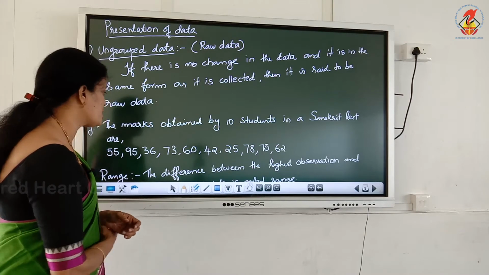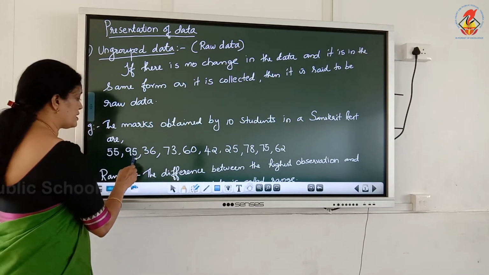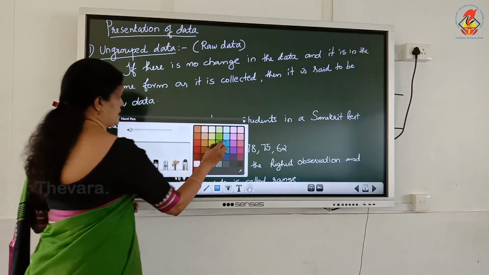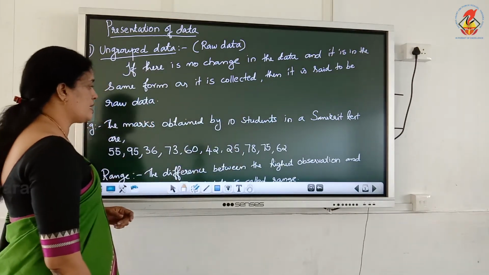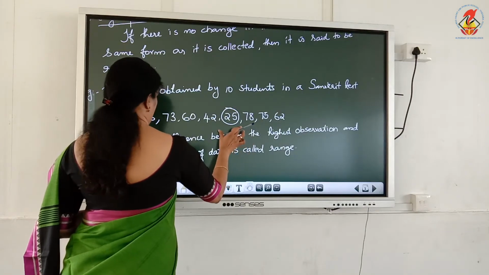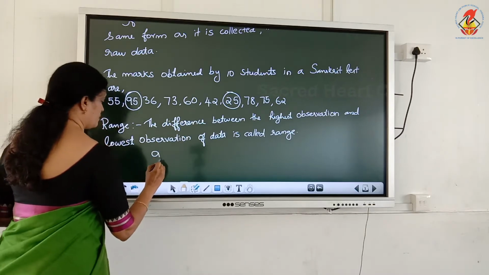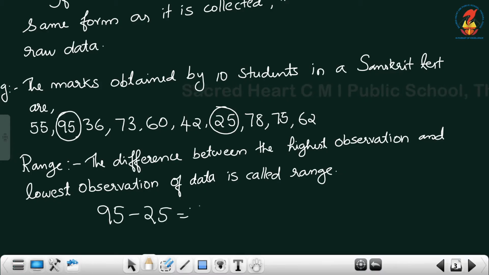What is the highest observation in this ungrouped data? 95 is the highest observation, and the lowest observation is 25. What is the difference between 95 and 25? Equal to 70. Range is equal to 70.